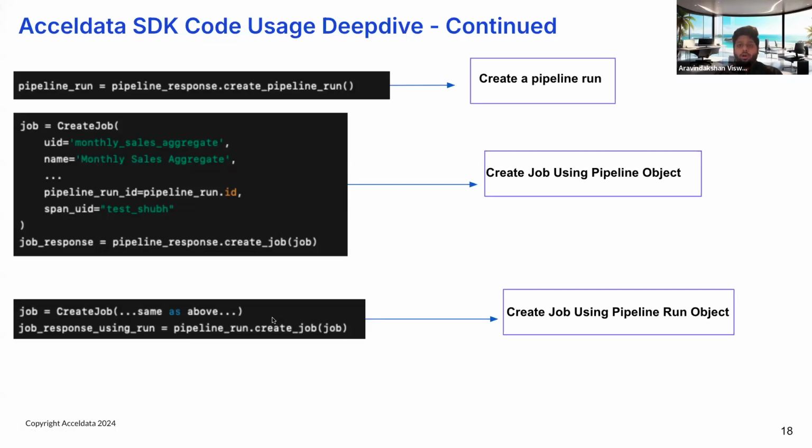And on top of this, you can also send events, right? If you remember, I mentioned that each span is used to send an event. So within the jobs you'll have spans, and using the spans you can generate some custom metadata which will give additional context to the users who are actually going to debug or view the pipeline results from AccelEdge's page. So that's about the AccelEdge SDK code usage.